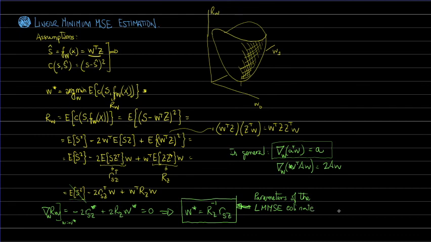And thus, the estimator will be given by S star equal to W star transpose Z. So in general, it will be given by R_SZ transpose R_Z to the minus 1 transpose Z. I should use here the transpose of this matrix, but this matrix in this case is a positive definite matrix, and it can be shown that it's symmetric, so we don't need to compute the transpose. And that's it.